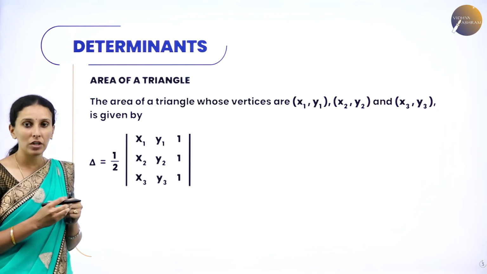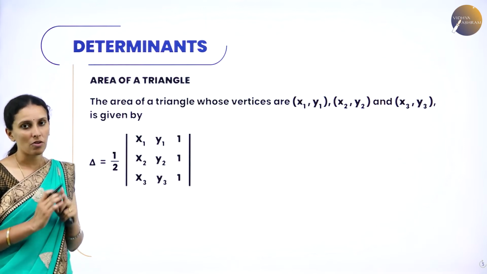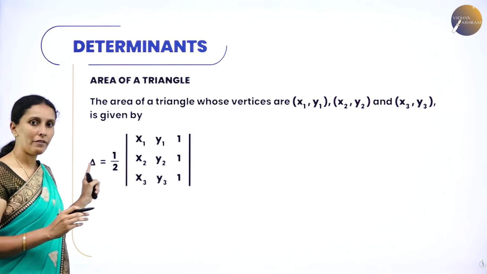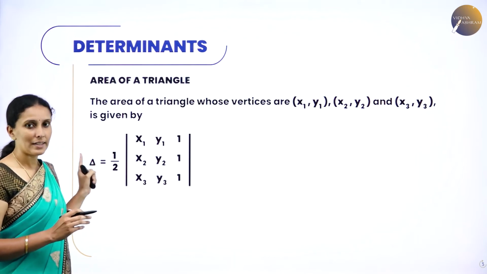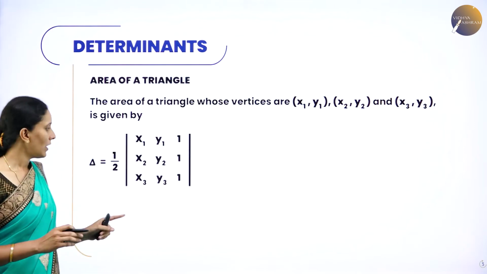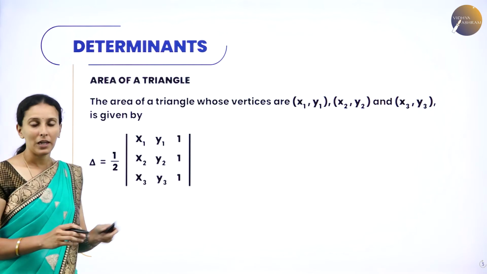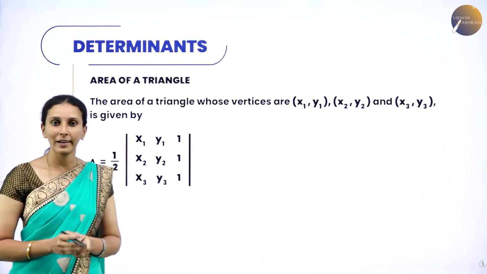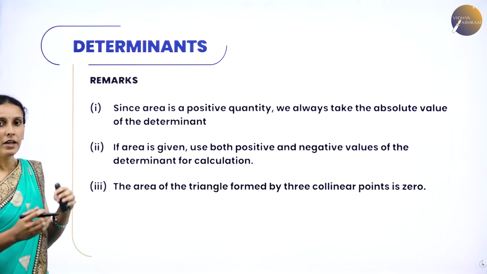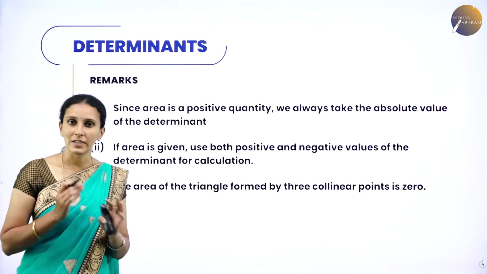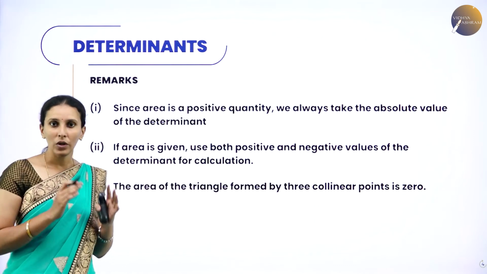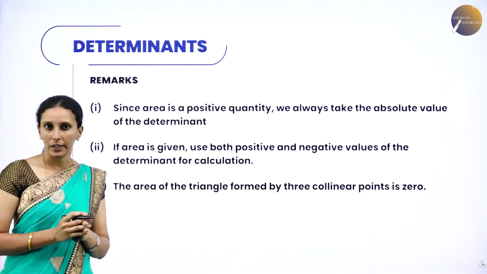Suppose they give 3, then we have to take both plus and minus. So to calculate the point, whenever the value of the area is given, you should take both positive and negative quantities. But when you get the value as negative, make it positive because you are calculating the area of a triangle. One more thing: whenever the value of the determinant is 0, that means the points are collinear.